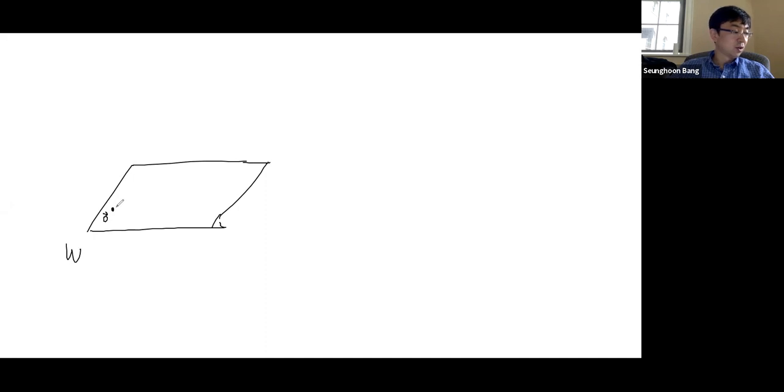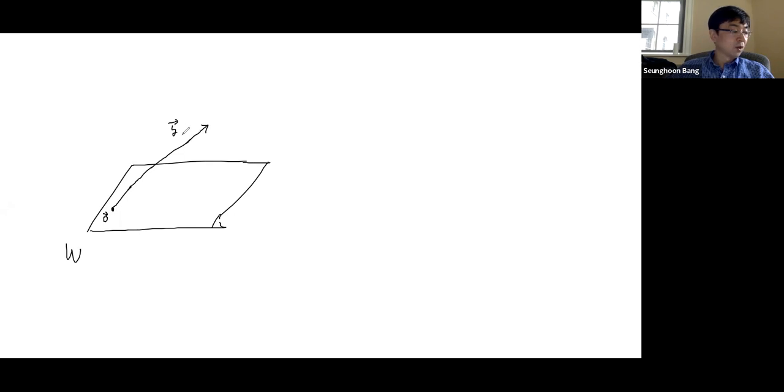So we have one plane here. This is W, which is given. This is the point zero, the zero vector. We can draw vector y like this.